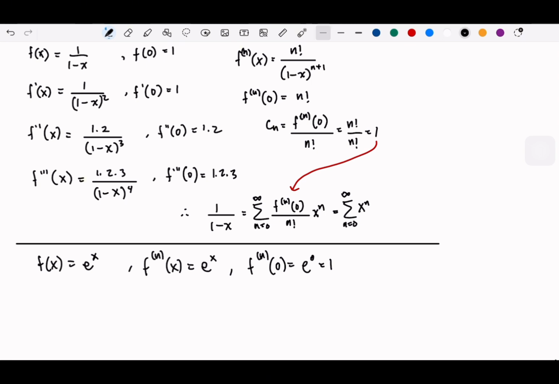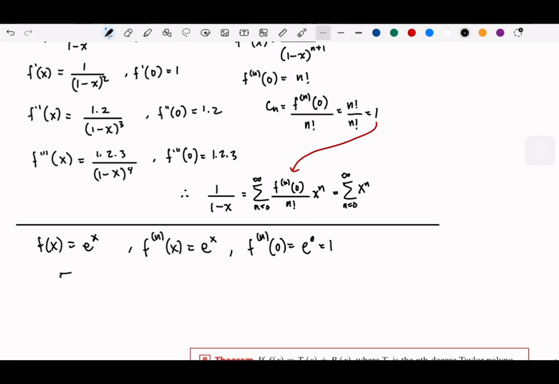So the Maclaurin series will be equal to f, so since this is going to be 1, we can just write x to the power of n over n factorial.